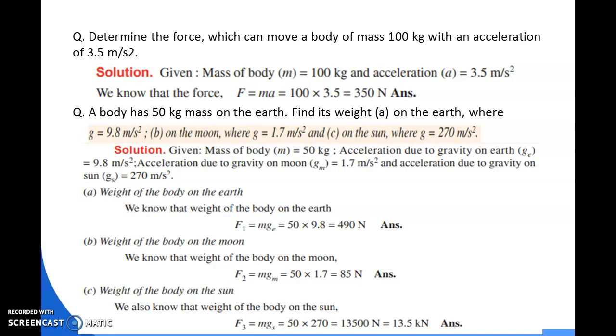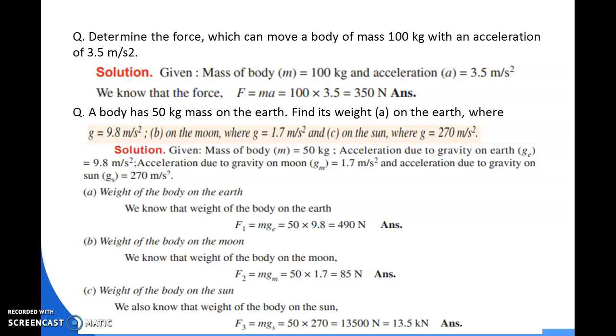In case of earth, the value of gravitational acceleration is 9.8 meter per second square, in case of moon it is 1.7 meter per second square, and (c) on the sun, where the value of g is 270 meter per second square.